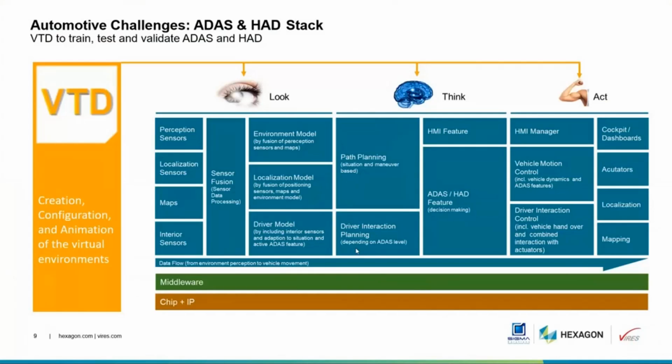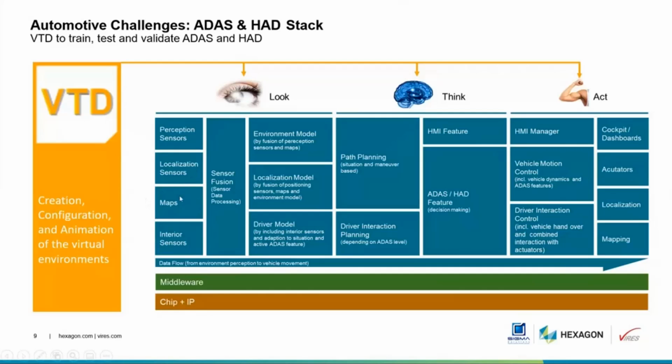So what are the main challenges we have in autonomous driving? One is look, think, and act. Look is mainly done with the sensors. The perception sensors are radar, camera, ultrasonic sensor, and LiDAR. Then localization sensors might use IMU or GNSS.